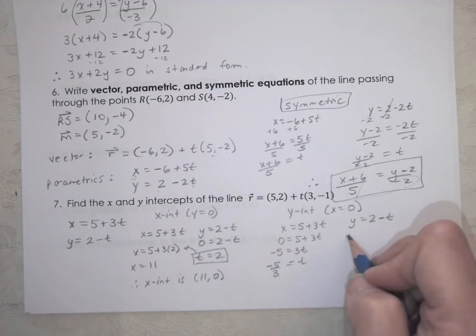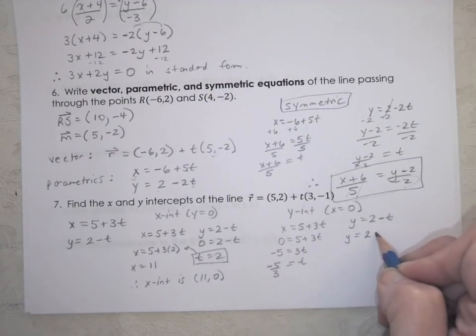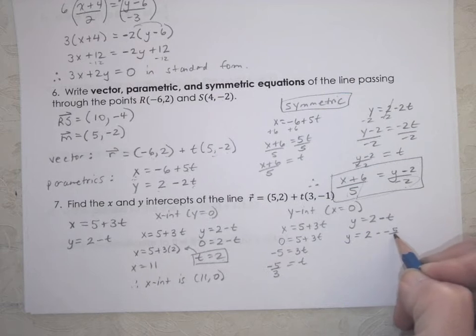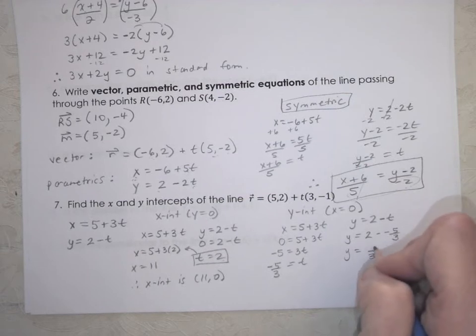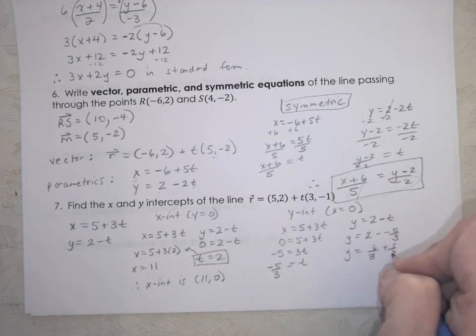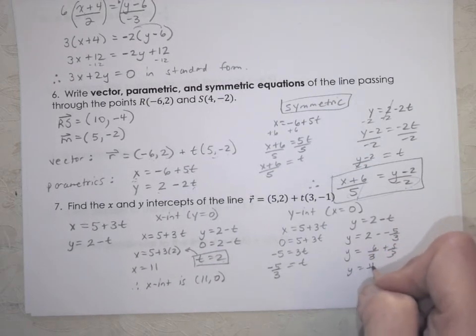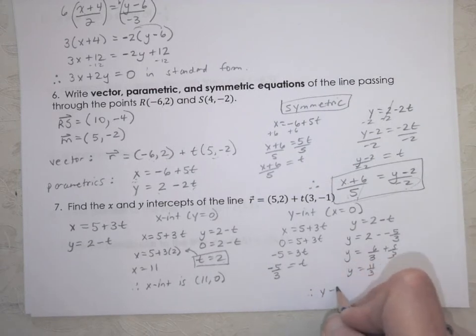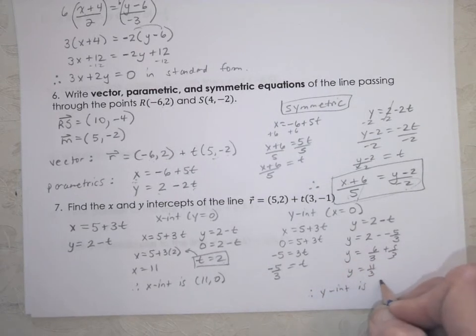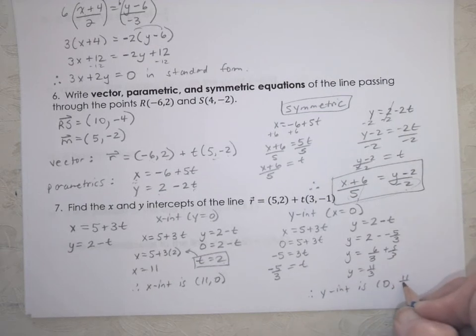And now I want to find the y value that goes with that, so 2 subtract negative 5/3. I need a common denominator of 3. So I get y is 11/3, which means my y-intercept is (0, 11/3).